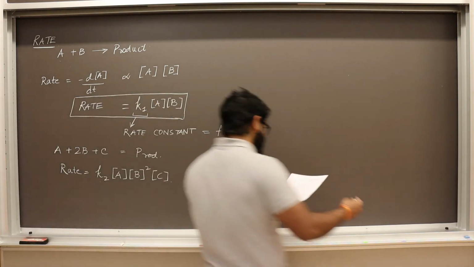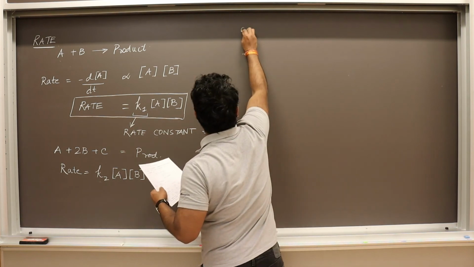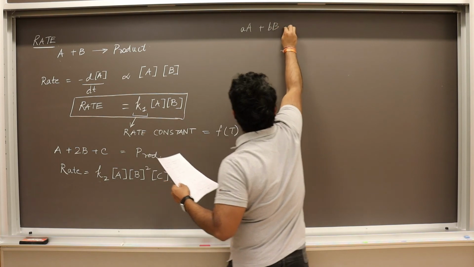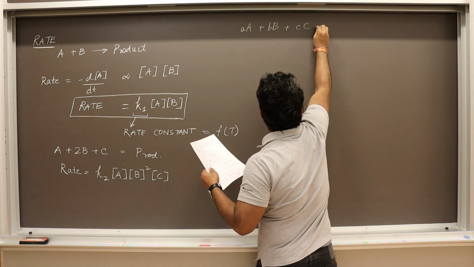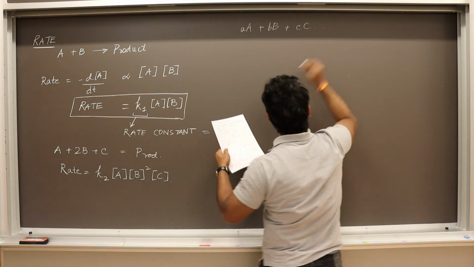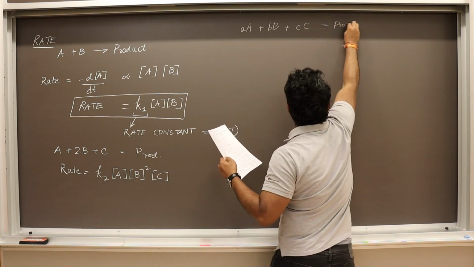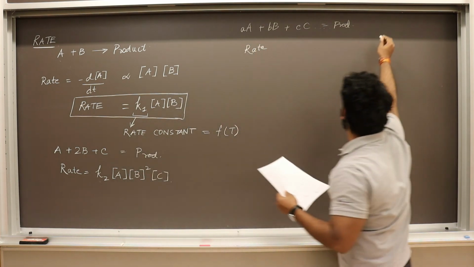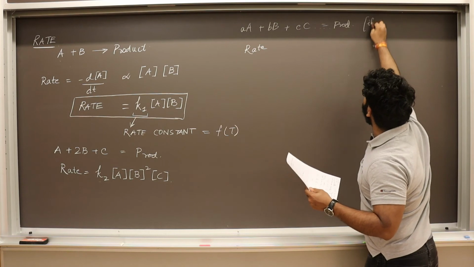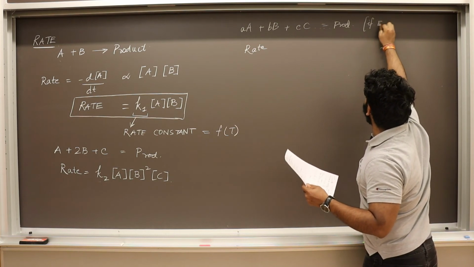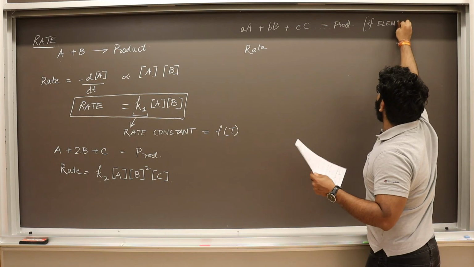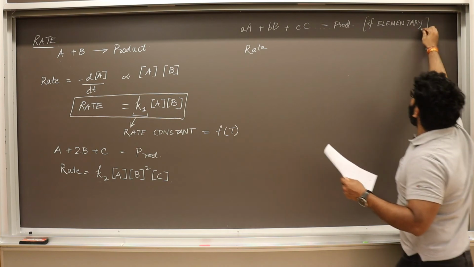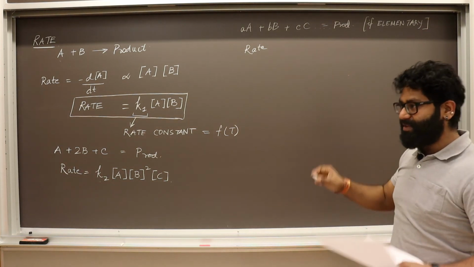So let's generalize this. If you have a reaction, say something like this, or products, then the rate, again, if this is an elementary reaction or mechanistic, this will not be true for a complicated reaction, for a complex simplified reaction.